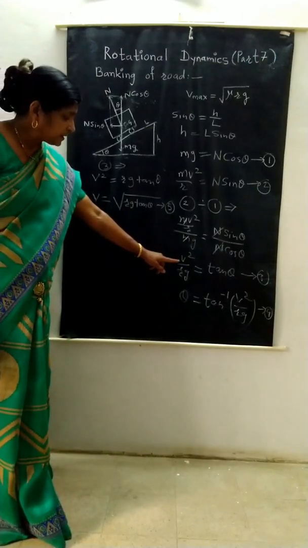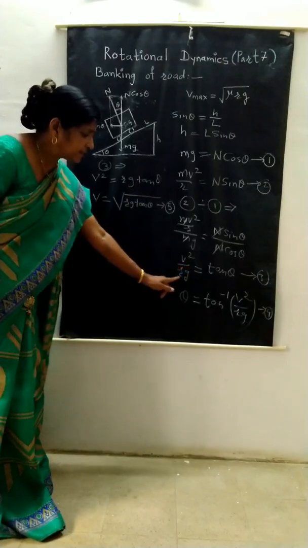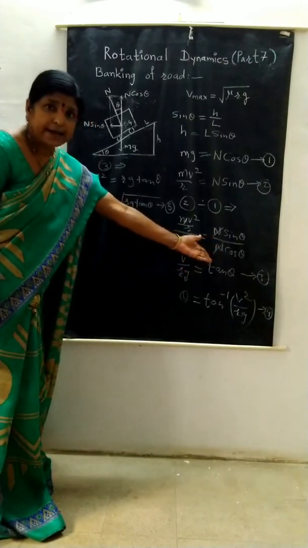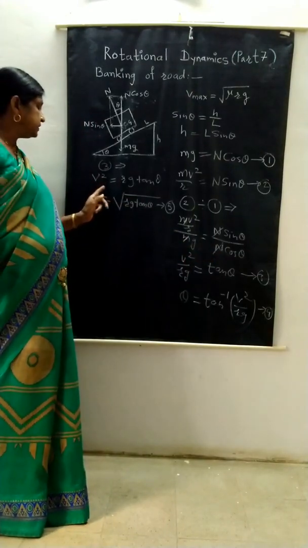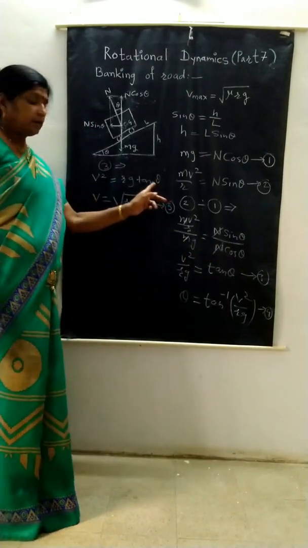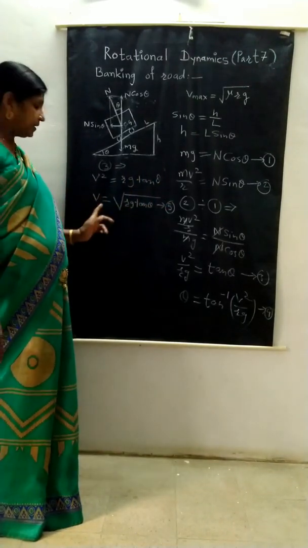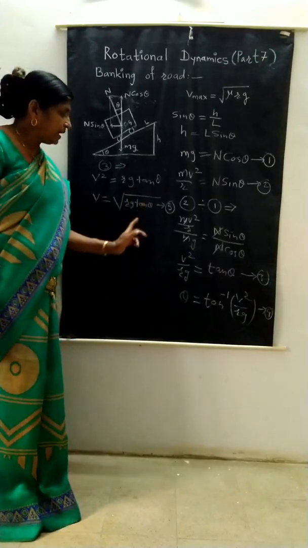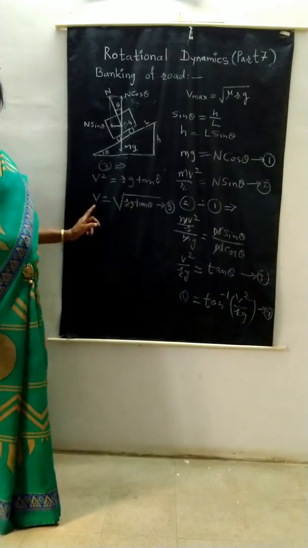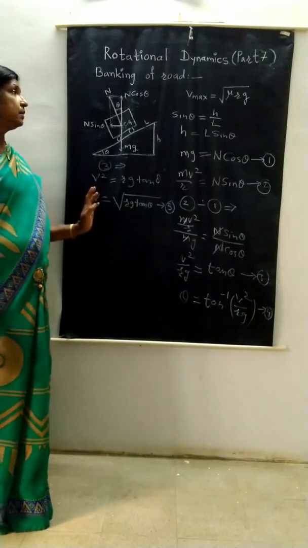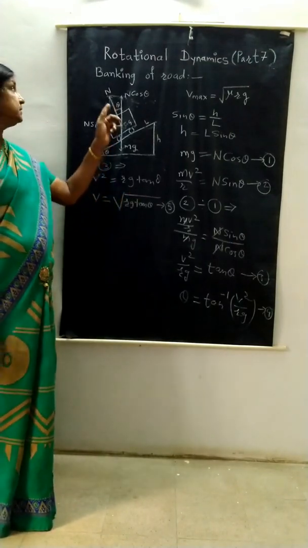So from equation 3, v square is equal to rg tan theta. I am going to transfer this term to the right hand side in order to obtain the equation for v square. v square is equal to rg tan theta. Therefore, taking the square root, we get v is equal to under root of rg tan theta. So this equation number 5 gives us the safe speed in order to drive the vehicle on this bank road.